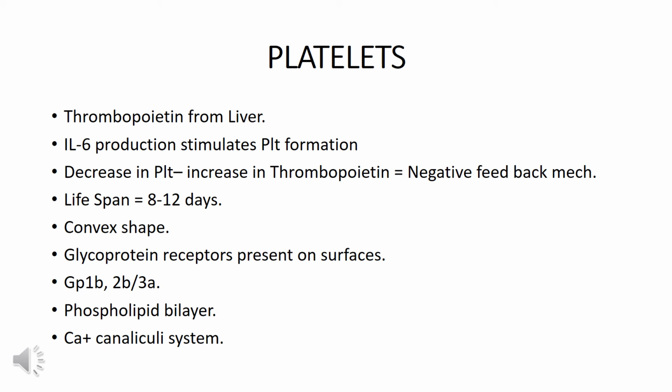Interleukin 6 is also involved in the production of platelets and stimulates platelet formation. Interleukin 6 is usually released in inflammation or malignancies. And there is another mechanism, known as the negative feedback mechanism.